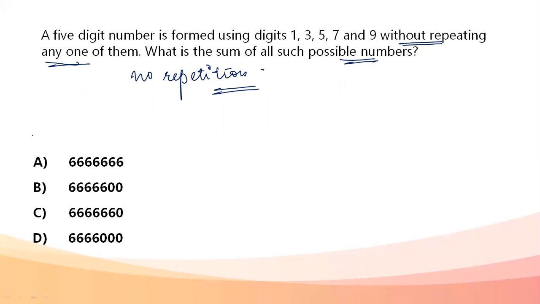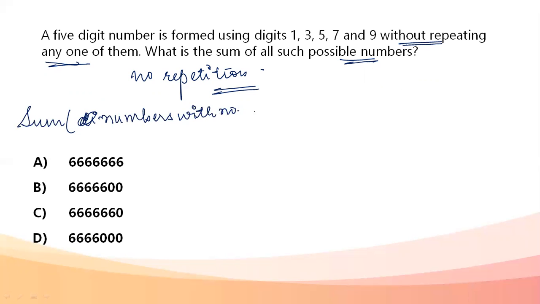Another important thing for all these exams is we have to save time. In minimum time, we have to do maximum questions and with maximum accuracy. So we are going to do this via a formula for the sum of all the possible numbers with no repetition.